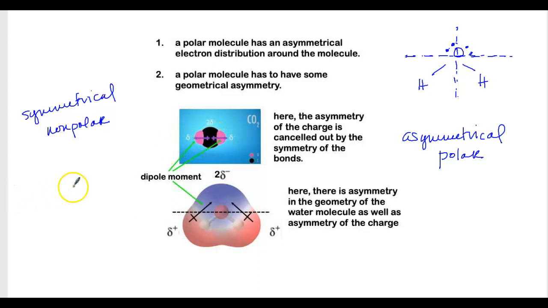And you've done the Lewis structure for this, right? It's 2 oxygens double bonded to carbon. This is a symmetrical molecule. If I cut it this way, symmetrical. If I cut it this way, symmetrical. There's not a way for me to cut this that I won't be able to reflect that structure over a line. Okay.